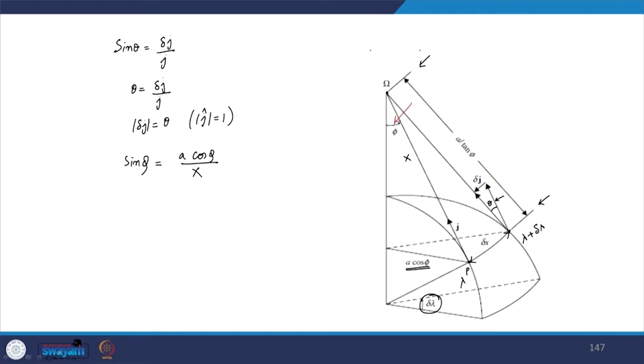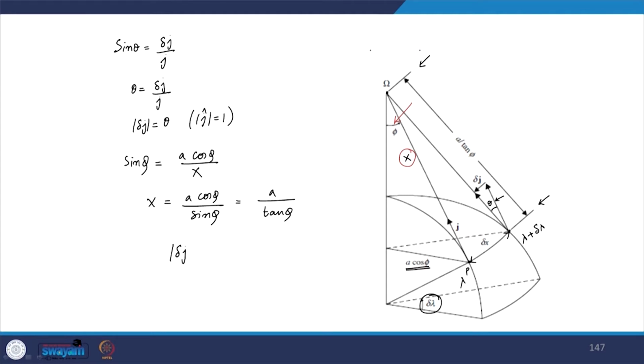So sin phi is a cos phi by x, where I am calling this distance x. That means x can be written as a cos phi by sin phi, which is equal to a by tan phi, which is already written there.